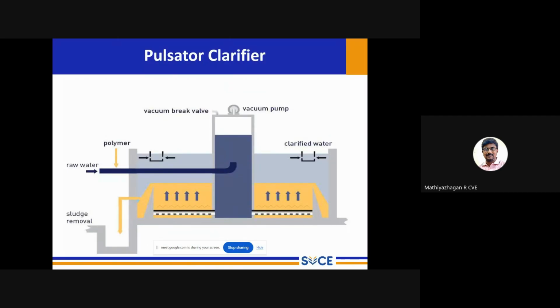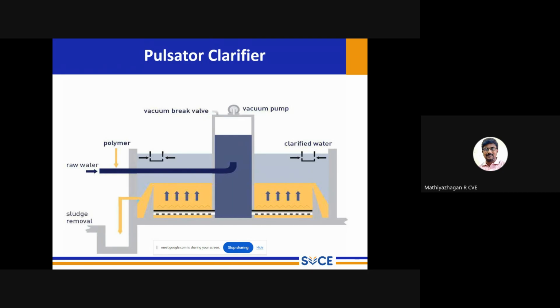One of the technologies in the sedimentation basin, which is available in the Sriperumbudur water treatment plant, is the pulsator clarifier. Here, all three processes, coagulation, flocculation, and sedimentation, happen in a single tank.